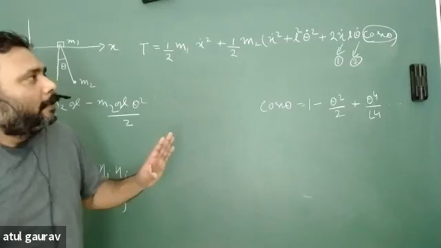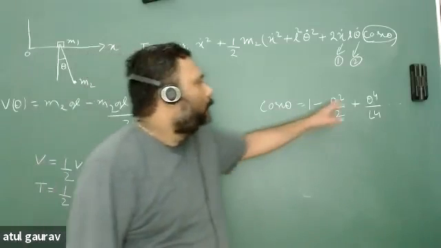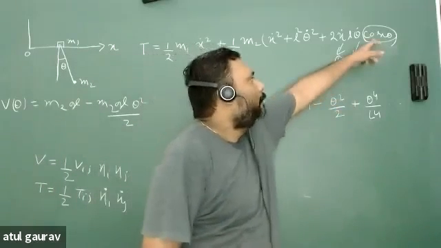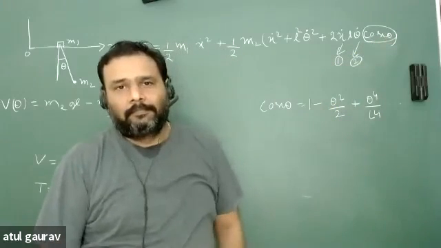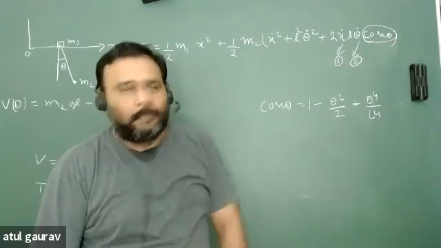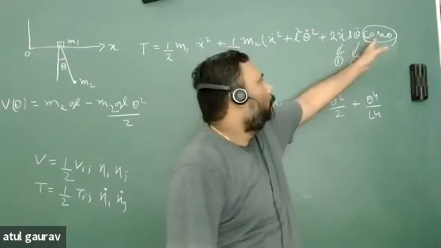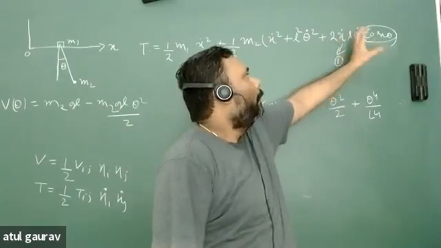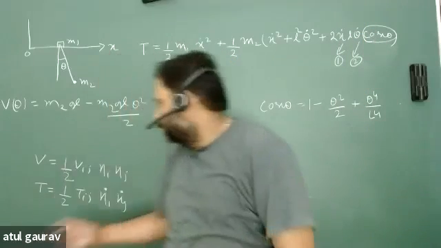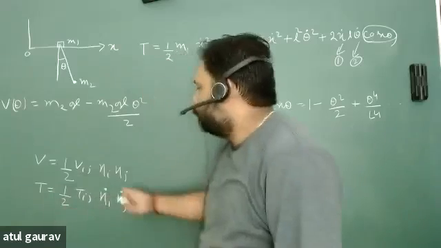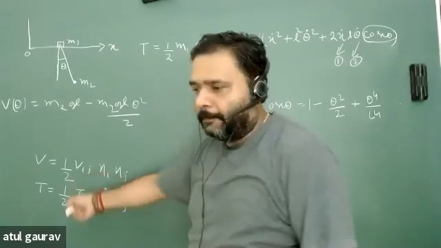Now look, if I take cos theta equal to theta square here, it will create a huge problem. It will imbalance it dimensionally, as we have the concept of this kinetic energy part.